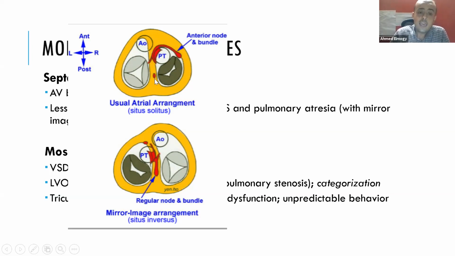Some patients have both AV nodes connected with a conduction sling, but mostly they have a normal or accessory anterolateral node. In the mirror image arrangement, usually because of the less septal malalignment, you usually have a normal AV node and AV connection, and AV conduction anomalies are less common.